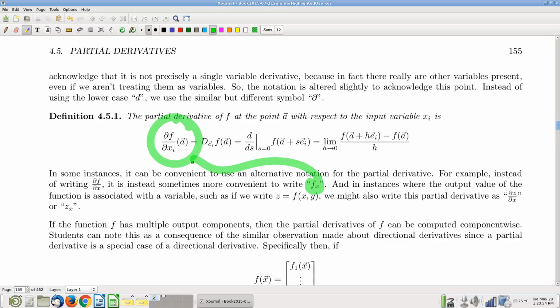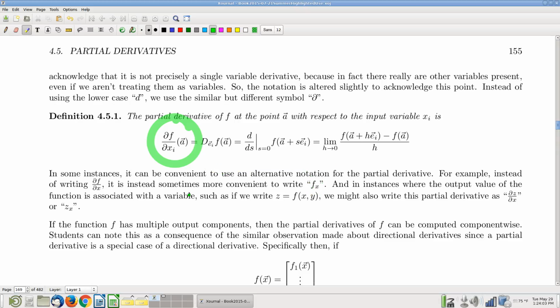Now, don't forget, if f is a function of several variables, then you have to say derivative with respect to what? With respect to which variable? So you can't just say f prime. That wouldn't make sense here. There are several different input variables. But having a subscript of x instead of a superscript of a prime serves that role. So this is the most Newton-like notation that we have for partial derivatives.